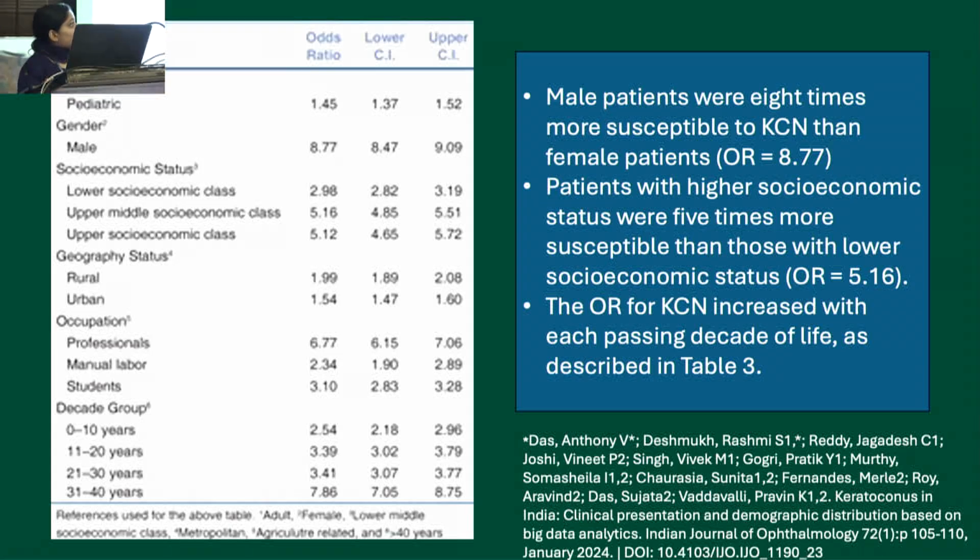In this study from the LVPI, males had a preponderance, and they also found that the upper middle and upper socioeconomic classes had more keratoconus. Professionals were at more risk of keratoconus, and as the decades passed, the risk increased.